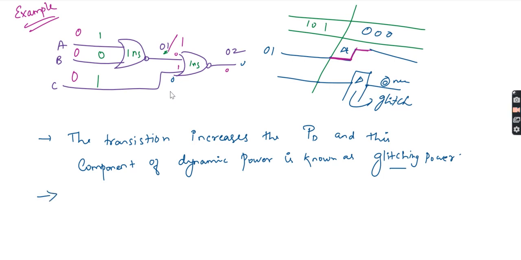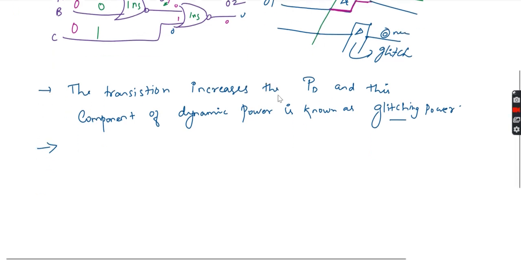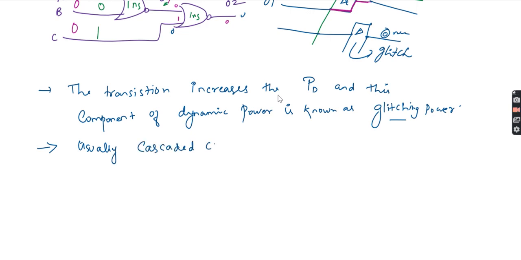Next I can say glitching power may constitute a significant portion of dynamic power. So usually the cascaded circuits give high glitching power.